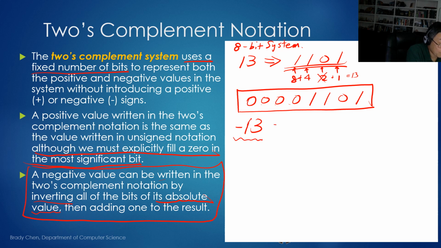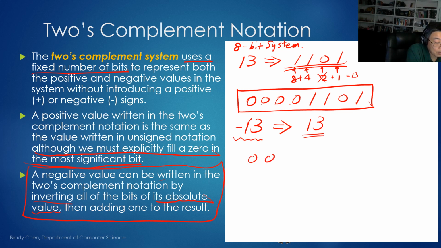Let's first convert it into its absolute value. The absolute value of minus 13 is actually 13, right? Just get rid of the negative sign. So what is the binary representation, or two's complement notation, for 13? Basically, it's the same as for a positive number, because the absolute value of negative 13 is a positive number.